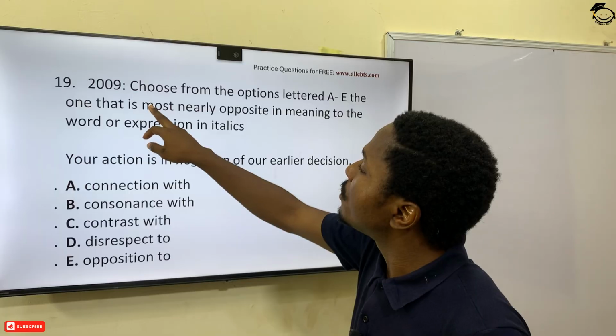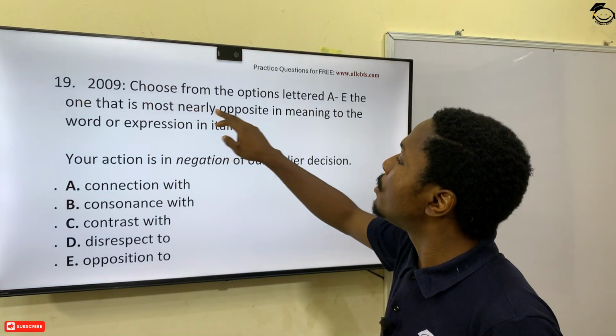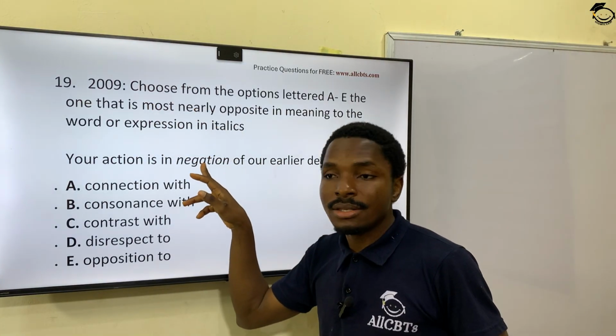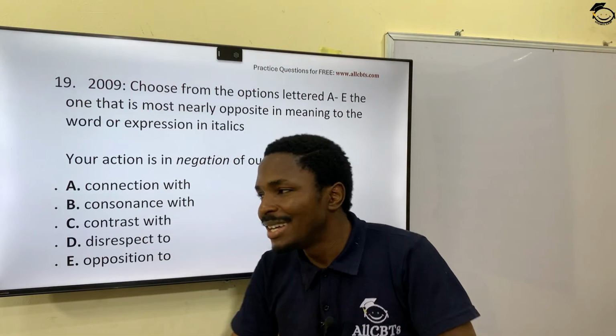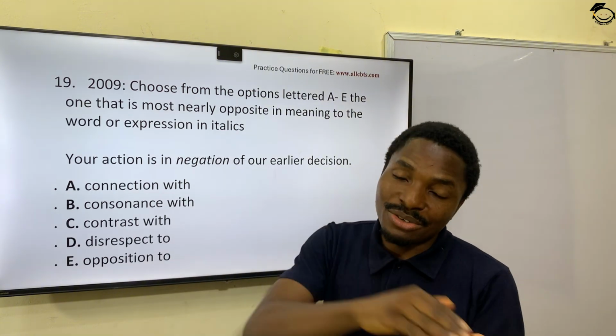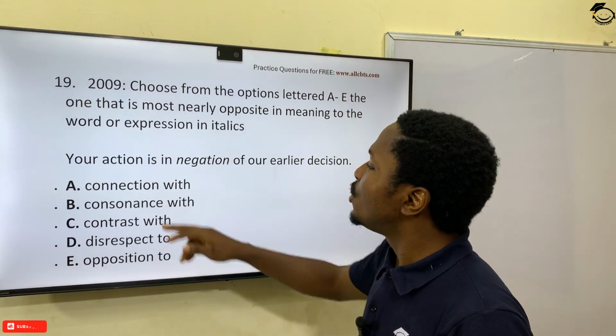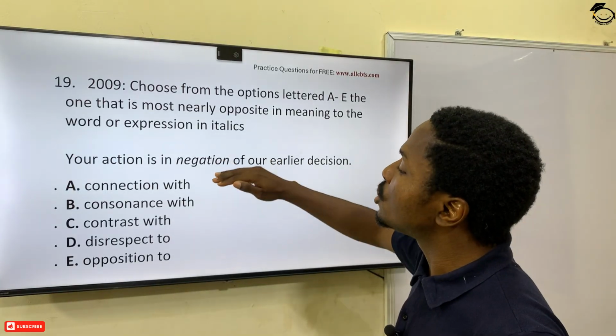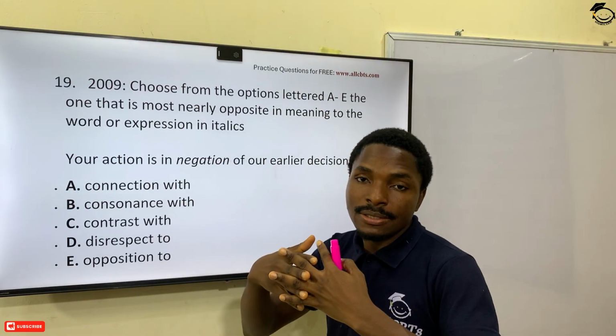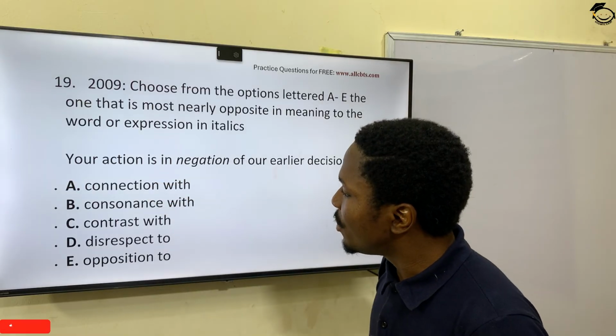So now we are looking for the word opposite in meaning to this. The opposite of something that is in opposition would be in agreement, right? So your action is in negation of our earlier discussion; the opposite of negation will mean in agreement. Which of these works there?